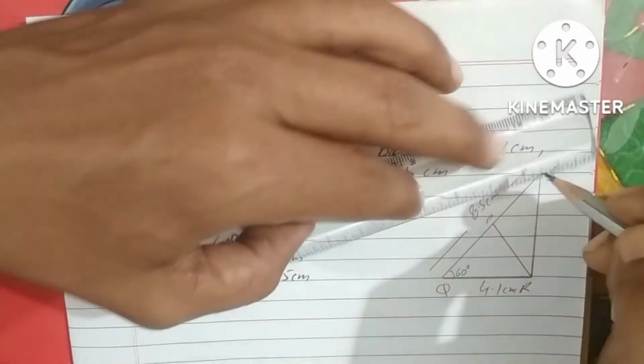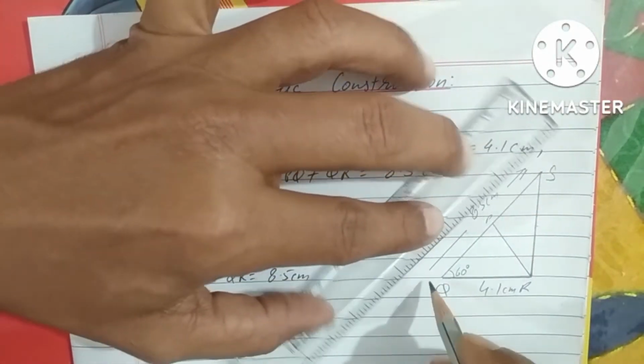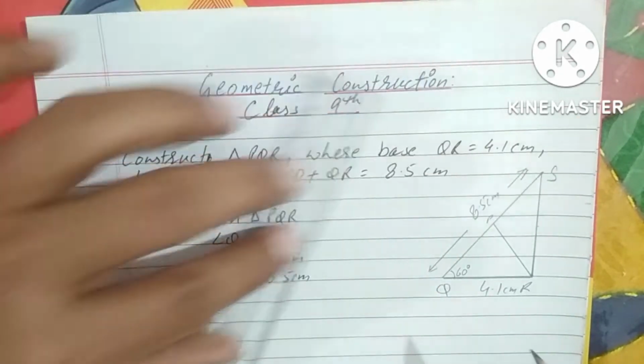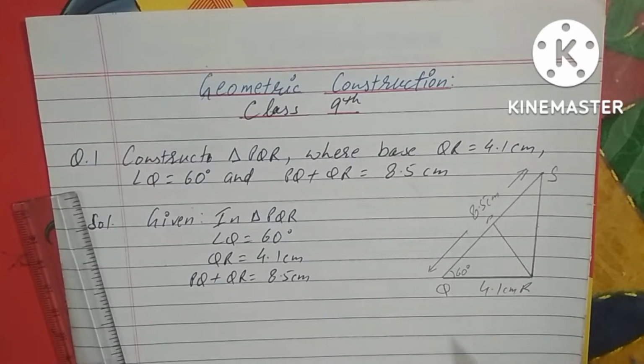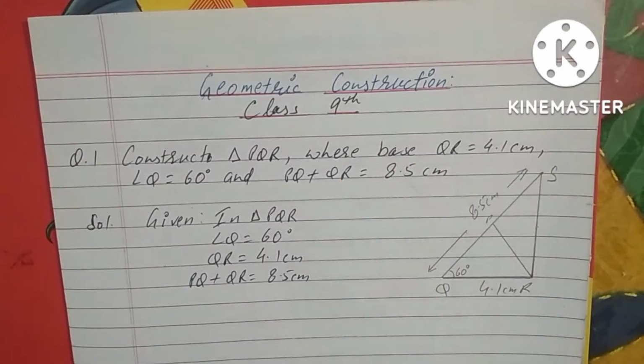I hope it's clear to everyone. We'll end up here with arrows so that it indicates the distances from here to here. I hope it's clear till here. You're going to write over here a rough figure.